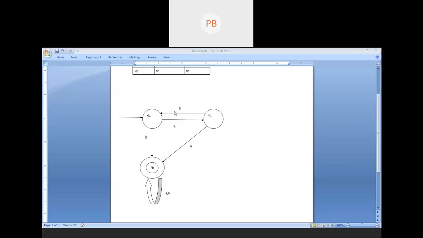Q naught is the start state. And what is the end state or final state of this transition graph?